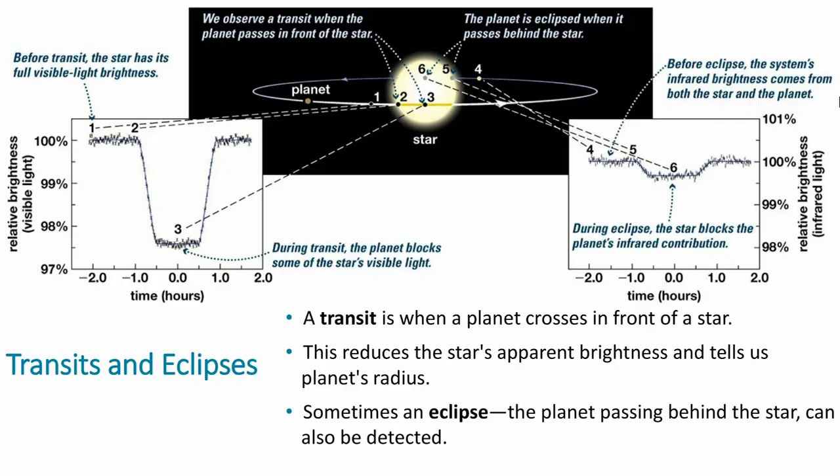But for example, in position 4, some of the starlight that would be going back behind the star and out into space is actually being reflected off of the planet and towards the Earth. So there's a little tiny bit of rebrightening right before the planet goes back behind the star, and you get the secondary dip. The transit is when the planet goes in front of the star, and when it goes behind the star, it's an eclipse.